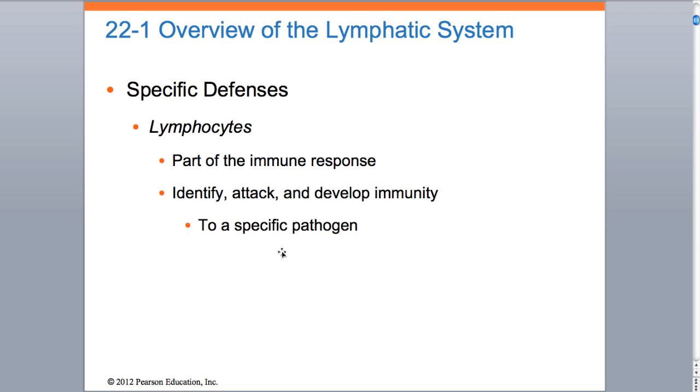Whereas levels 3 and 4 are specifically going after something. Now whenever you use the word specific, notice it says right here the word immune. Well, by true strict definition, anytime you say immunity, immunity refers to a specific. So level 3, level 4 will be specific. Okay, next slide.